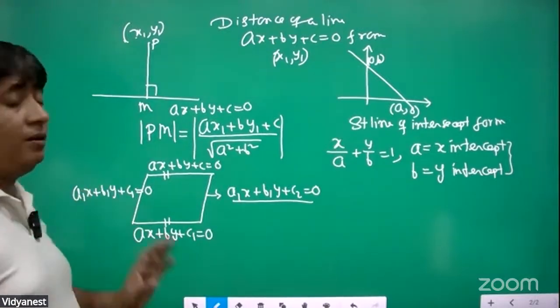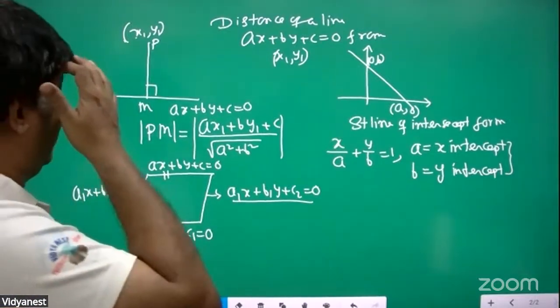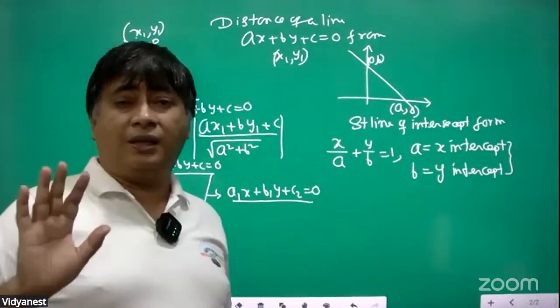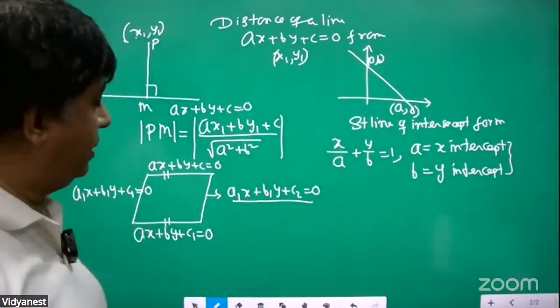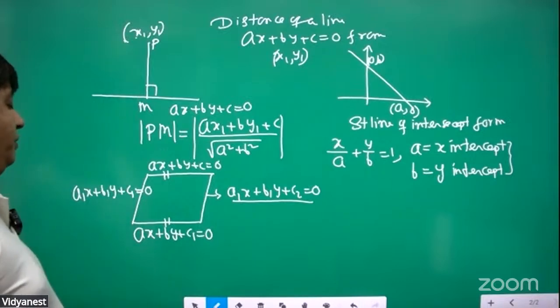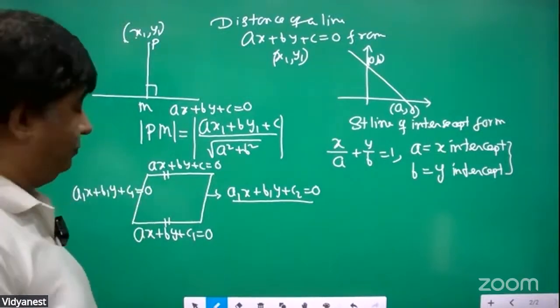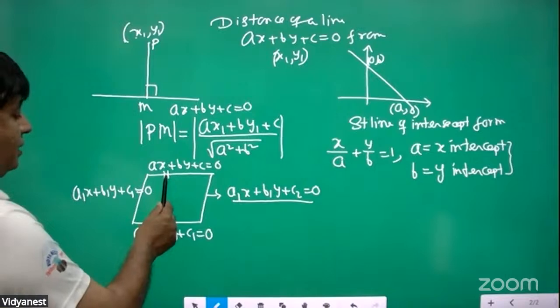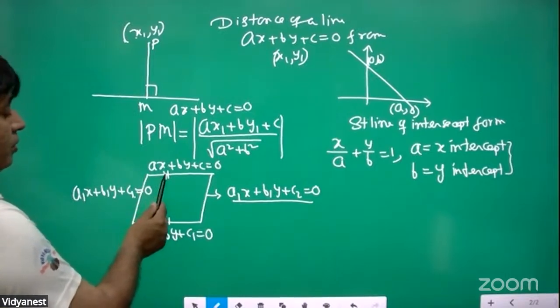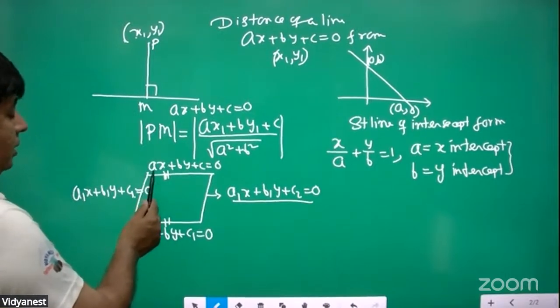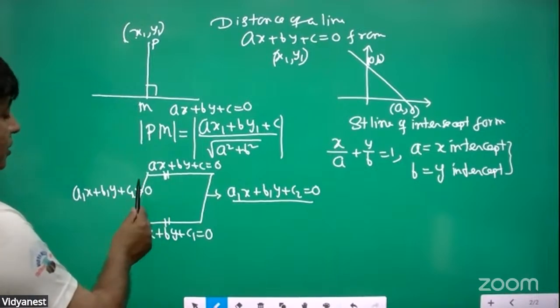So this is a parallelogram and you are told to find the area of this. What is the general perception of getting the area of this parallelogram? See, first our motto will be to solve these two equations and get this point.